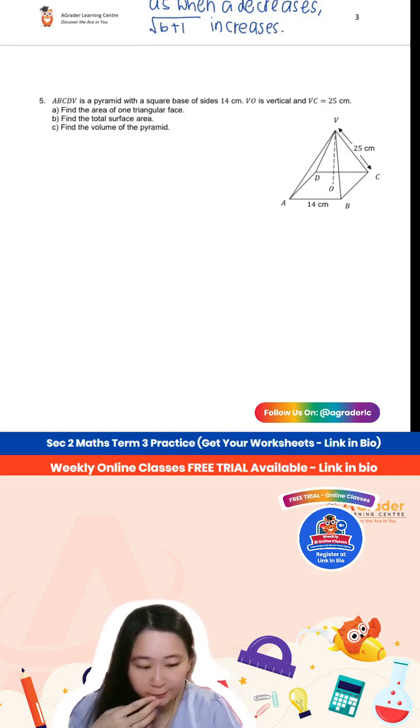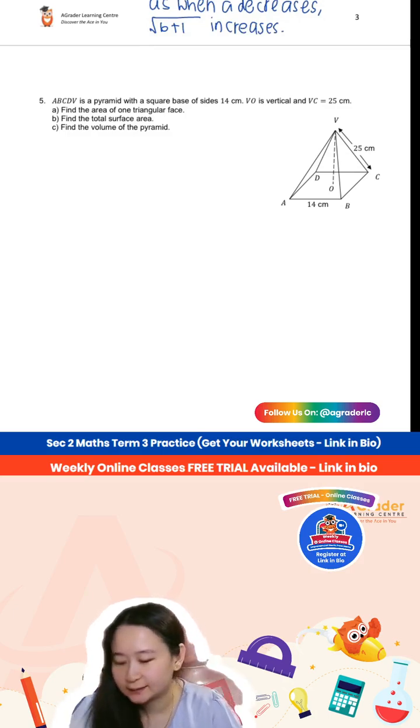The length of AB is 14 cm. That's the side of the square base.